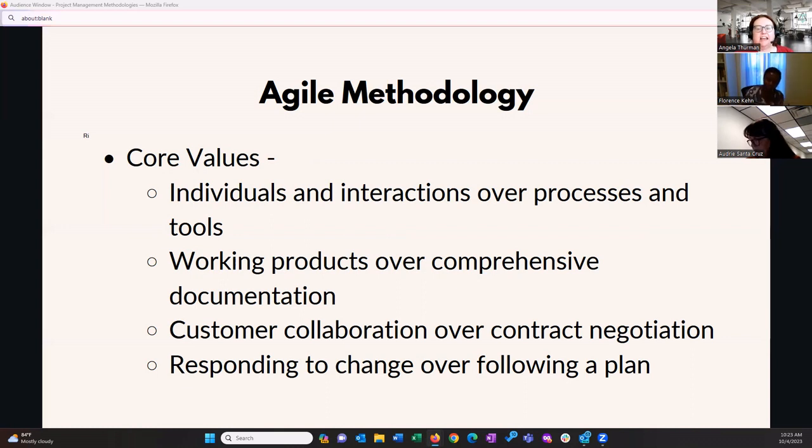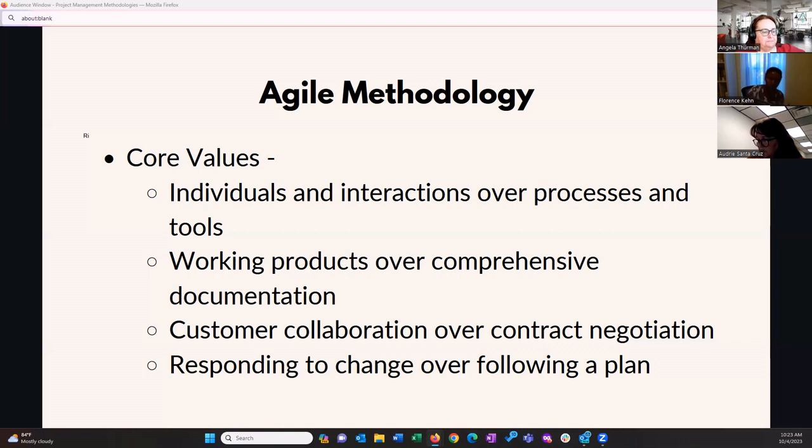It feels very strange because with waterfall, having your plan and having your documentation is a core element. And so Agile says, no, we're going to adapt. We're going to lead, and we're just going to see how we're going to evolve as we go along.